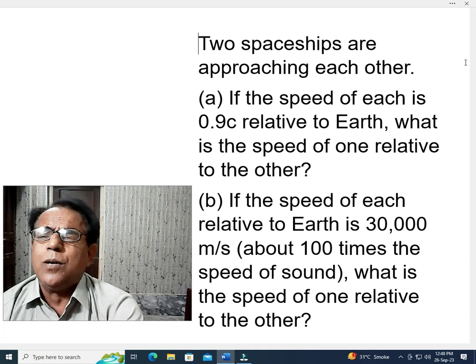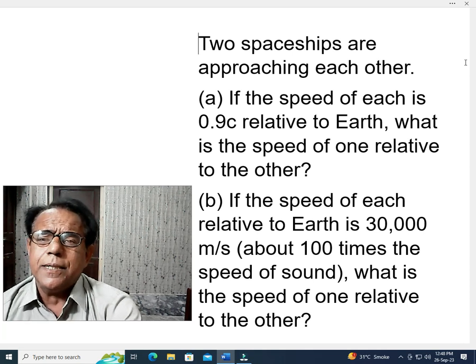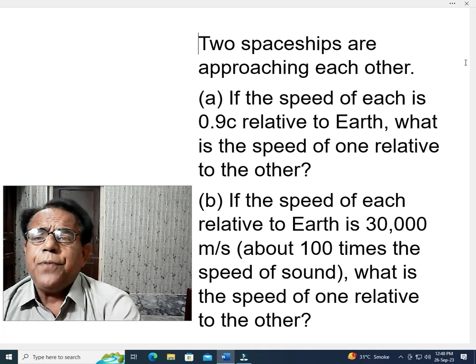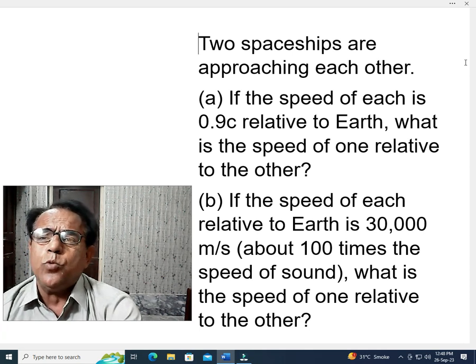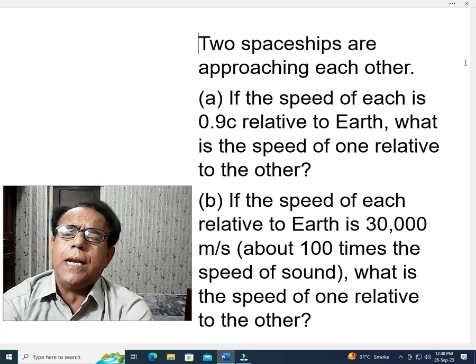Anyhow, this is a separate thing. What is the speed of one relative to the other?